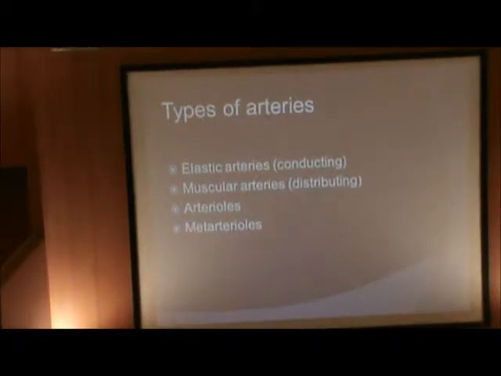Arteries are divided into elastic arteries. They are large arteries. Second name, conducting arteries. Muscular arteries, a little narrower, or distributing arteries. Arterioles and metarterioles.